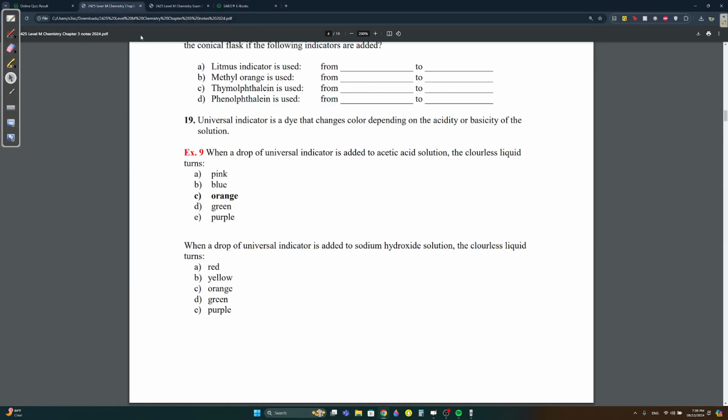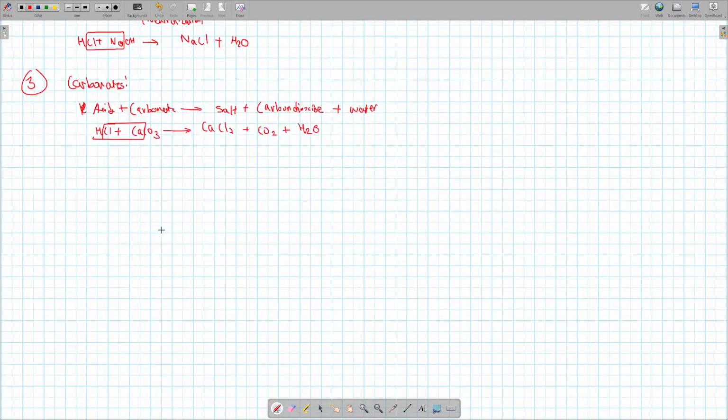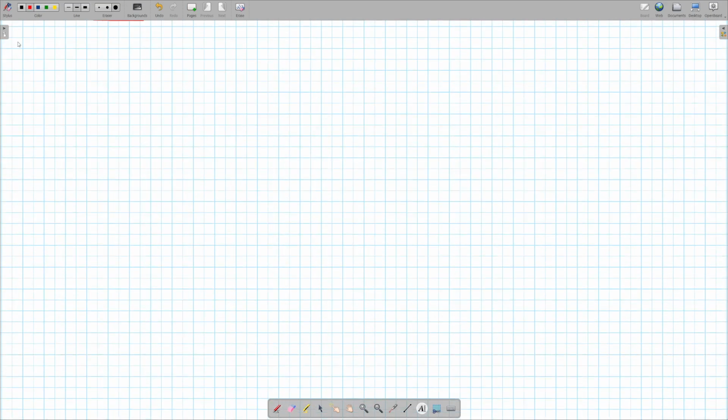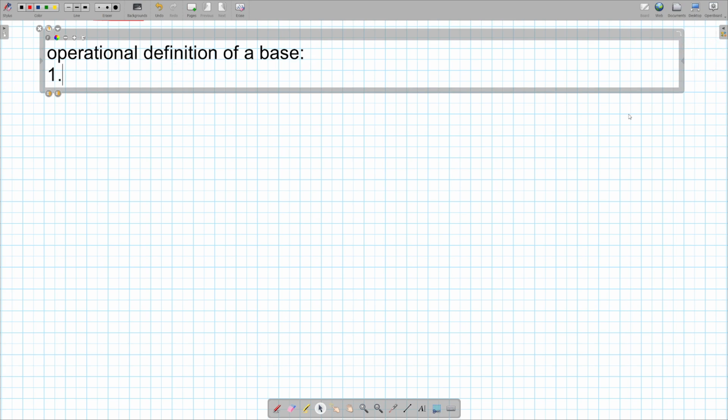Now, we're done with acids. It's the base's turn now. Again, same thing. We had operational and conceptual definitions. First, the operational definition of a base. Okay, first thing, again, it conducts electricity when dissolved in water.